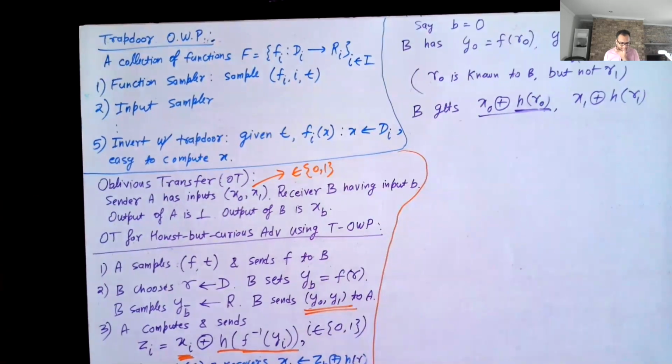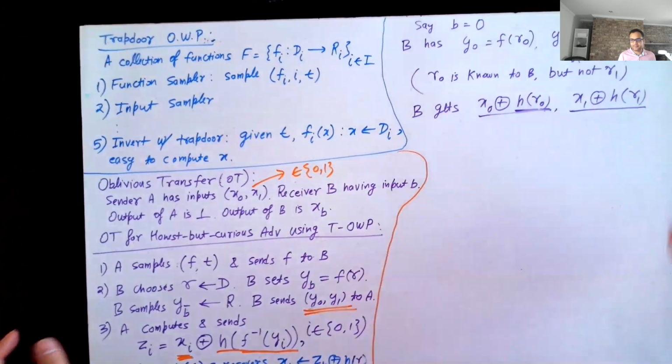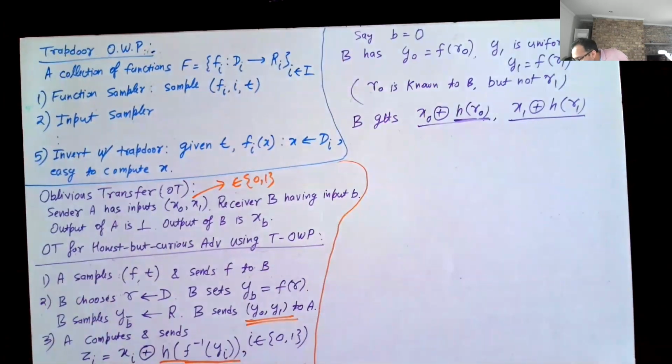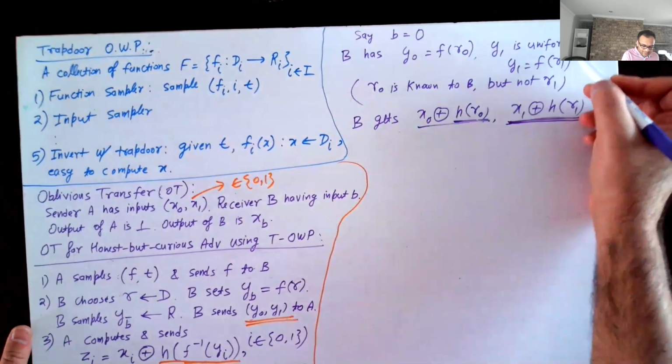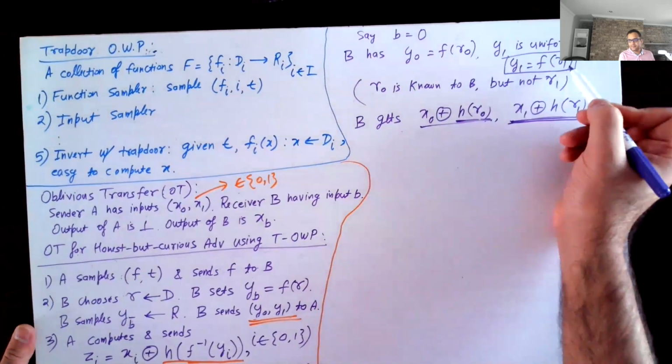So let's look at this value. yi and xi are unrelated. Yeah, that's true. So let's look at this value here. B only has f of r1.